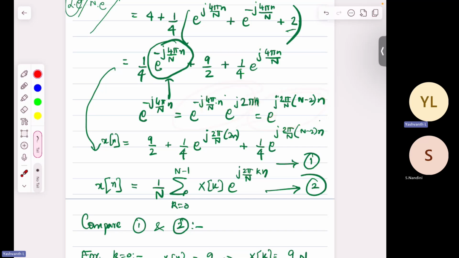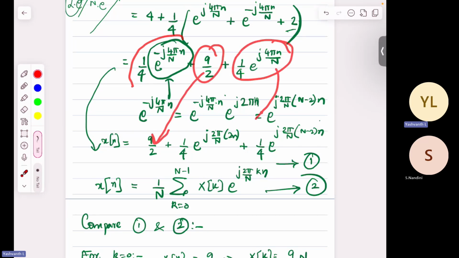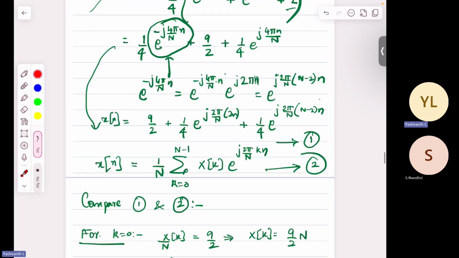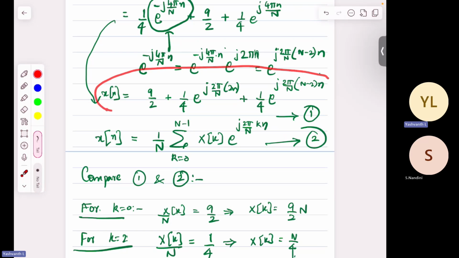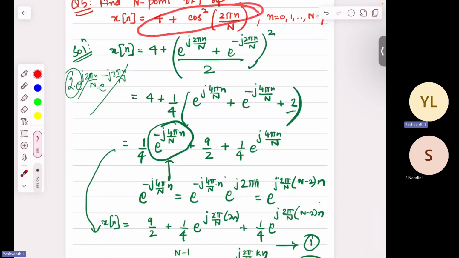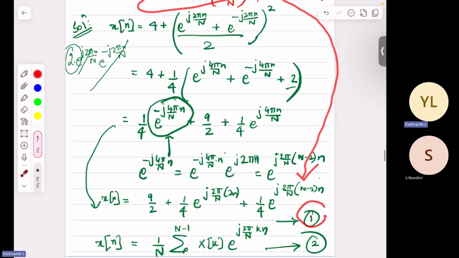Therefore it is the same as writing 9 by 2 plus 1 by 4 into e power j 2 pi by capital N into 2n plus 1 by 4 into e power j 2 pi by capital N into N minus 2 into n. That's because I have written minus j 4 pi by N as 2 pi by N into N minus 2n. That's all. This is basically the given signal x of n, which I simplified from 4 plus cos square 2 pi n by capital N, as given in equation 1.